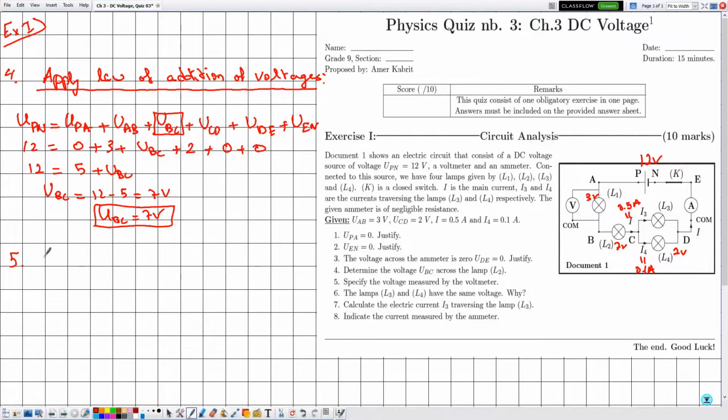So let's say, since the COM terminal is connected to the negative pole, then the voltmeter will measure, or will indicate, a positive reading.